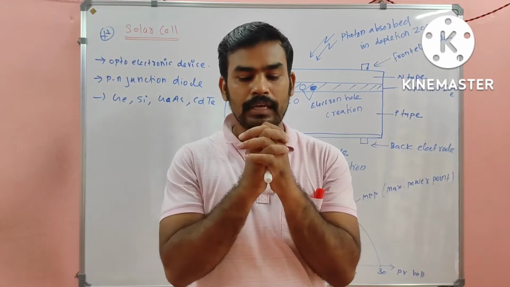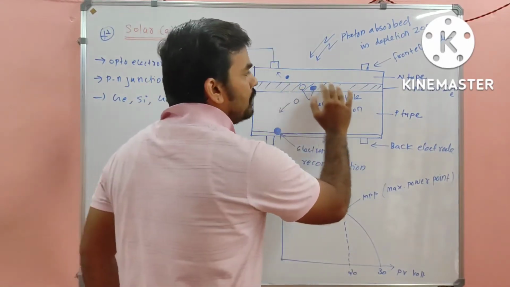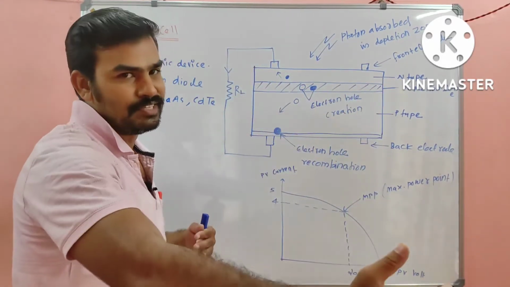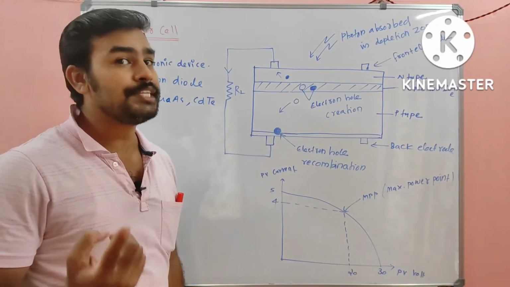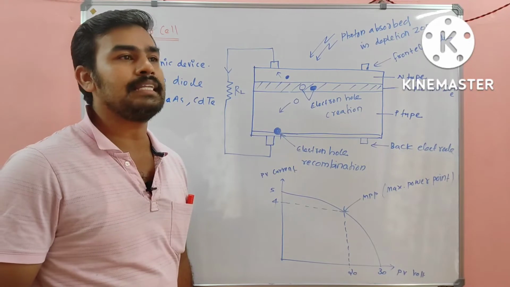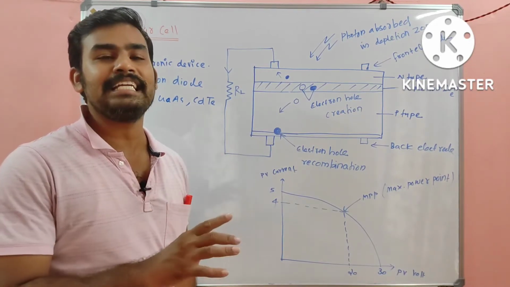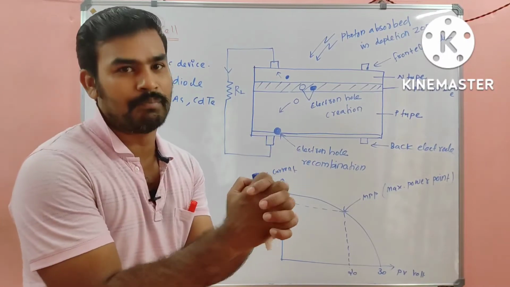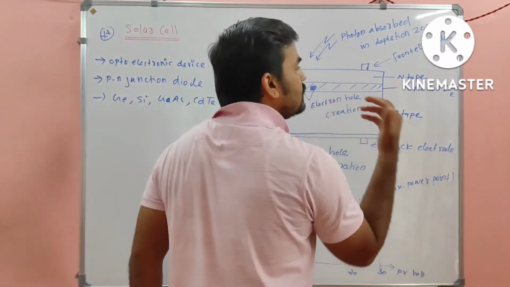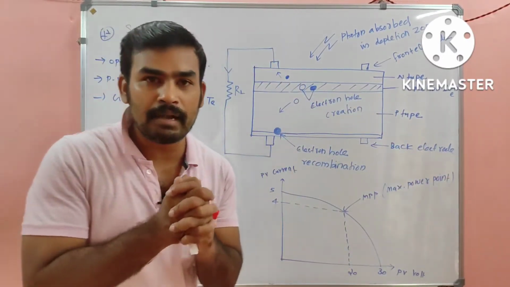The electron and hole combined state is there in the depletion region. That's why it is called a depletion region, it is depleted of carriers. That doesn't mean there are no charge carriers, but the charge carriers are in recombined form. That's the difference.